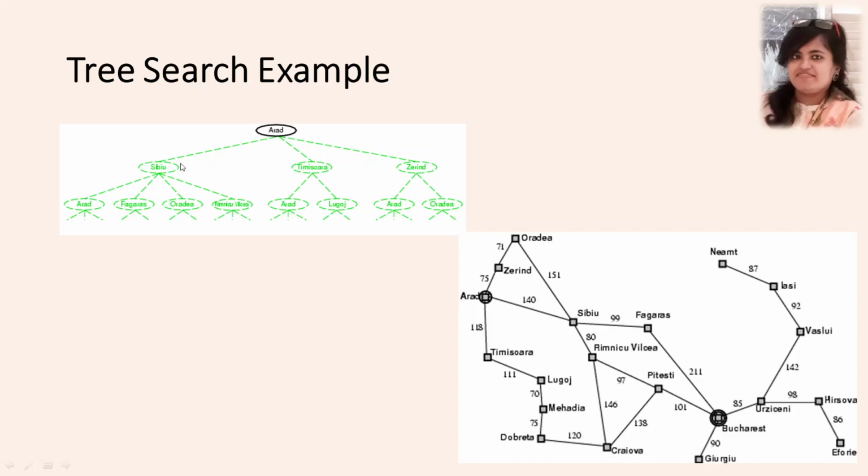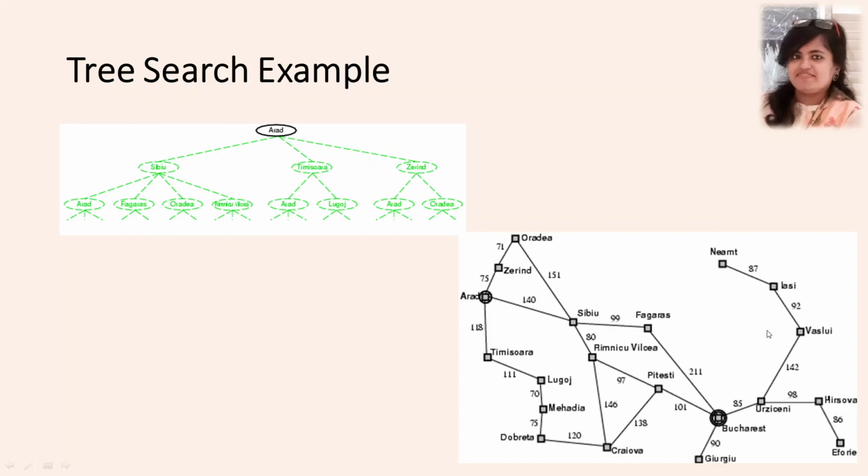From Sibiu, there are 4 possible children: you can again go to Arad, which you are not going to do, but you can, and then this, this and this, that is 4 child nodes.